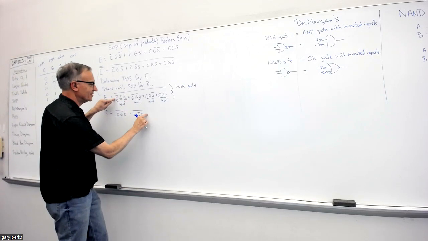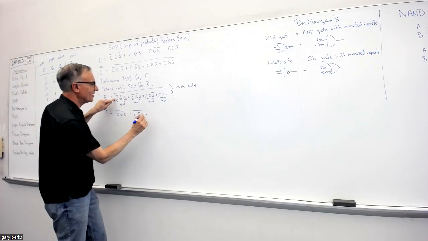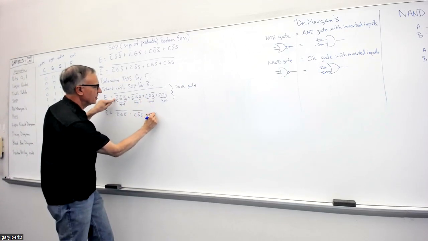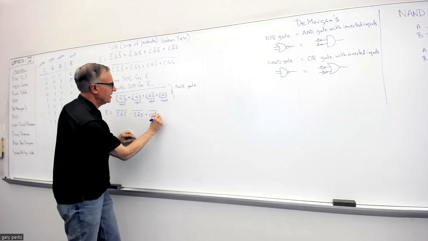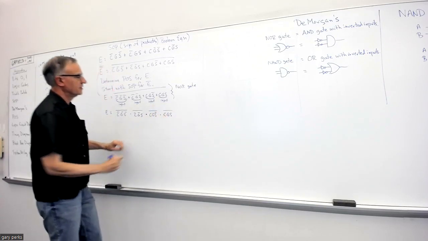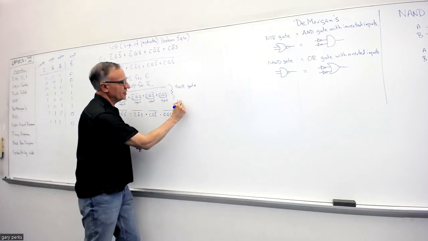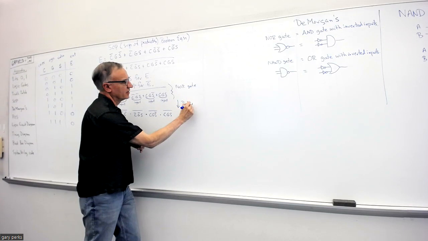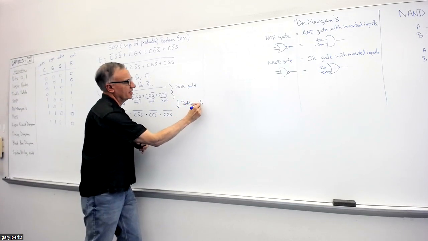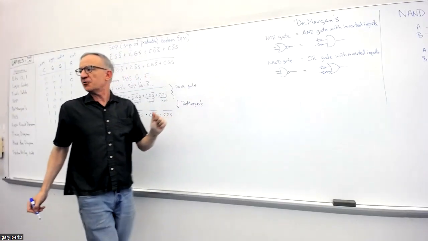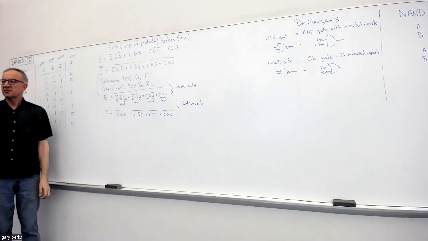And do the same thing here, ANDed with this input inverted, and then AND it with this input inverted. So you see, to go from here to here, we did De Morgan's. Specifically, we did this part of De Morgan's: the NOR gate is equal to an AND gate with inverted inputs.